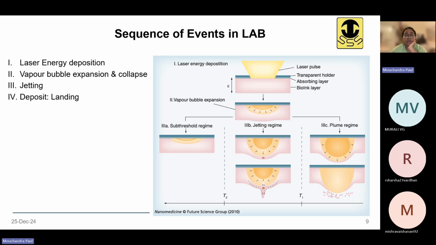As it bursts, the layer of bioink outside the vapor bubble breaks apart into tiny splashes, tiny droplets, which gives us a spray of bioink. You don't get a single droplet, you get multiple droplets that look like they are spraying on the substrate.